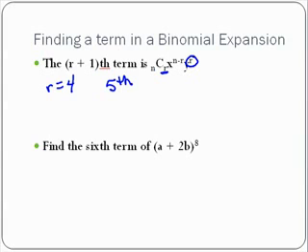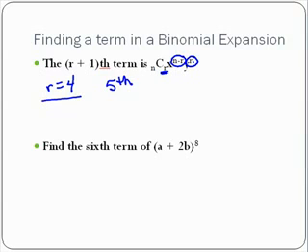The r tells you what the exponent is on the second term, and then the other exponent is whatever you're raising it to begin with. Let's say we're raising it to the 8th. So 8 minus 5 would be 3, because it always has to add up.